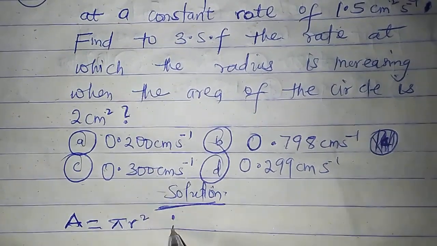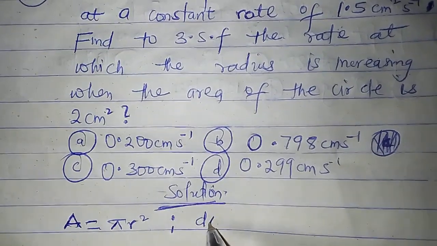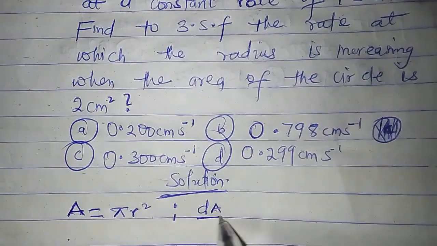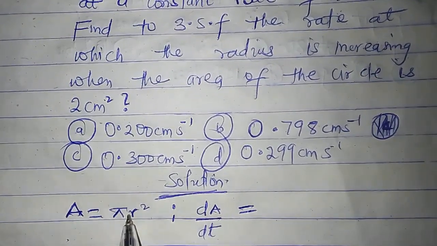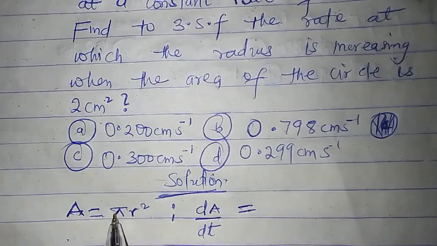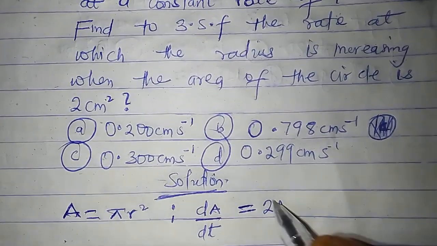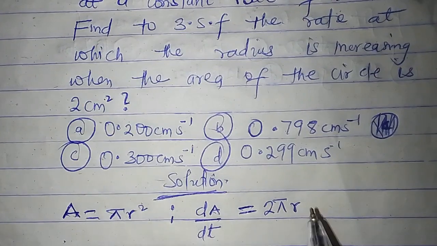So this is what I'm talking about. dA/dt, differentiate A with respect to time, is equal to, let's differentiate pi r squared. Pi is a constant, so it will now be 2 times pi, that's 2 pi, times r raised to power 2 minus 1, which is 1.